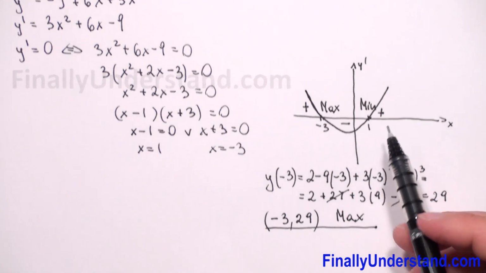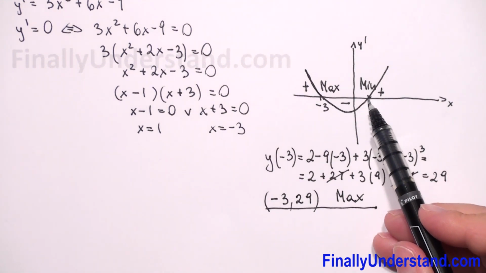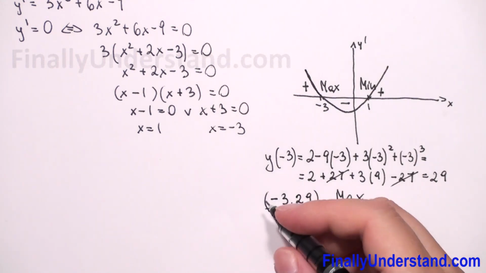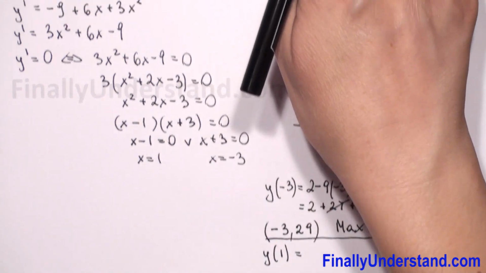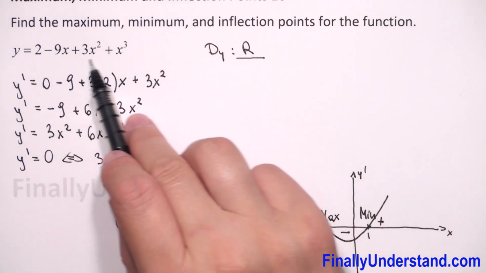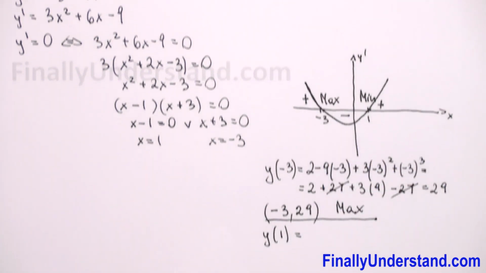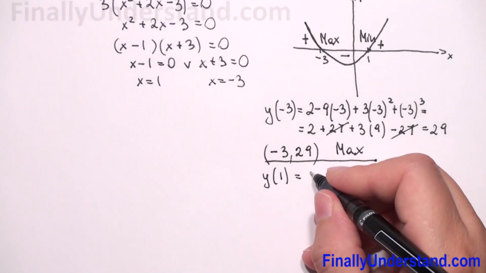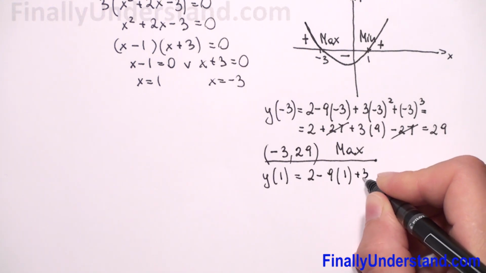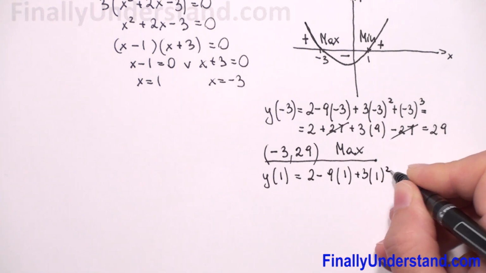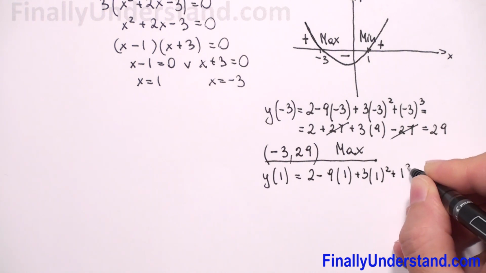Next, we have to find the y value for x equals 1. So y of 1 means we replace x by 1. So we have 2 minus 9 times 1 plus 3 times 1 to the second power plus 1 to the third power.